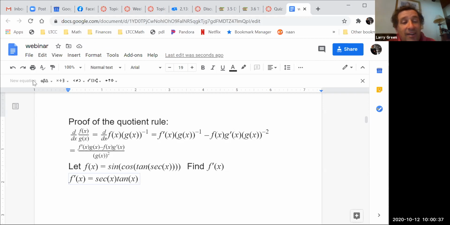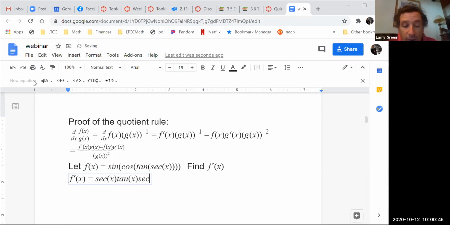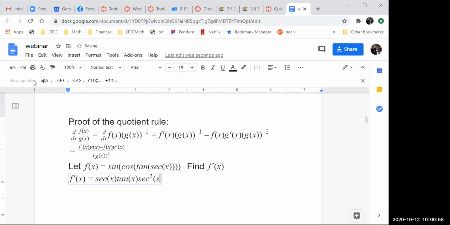But don't say the letter x. What's the derivative of the tangent without saying x? Secant squared. Yep. Secant squared, but not of x. What's it of? What's its inside? Secant x.